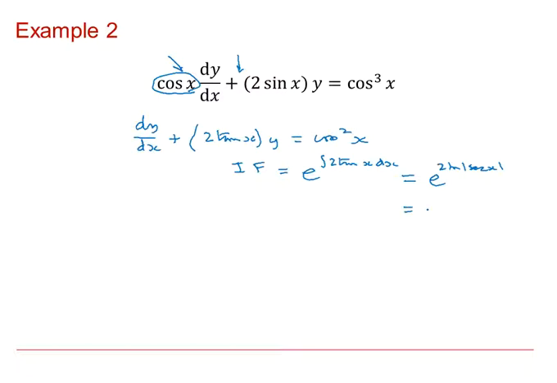Using laws of indices and log laws, we can tidy this up. So e to the ln sec squared x using the power law, and now we can simplify it right down to sec squared x, and that is the integrating factor we need in this particular question.